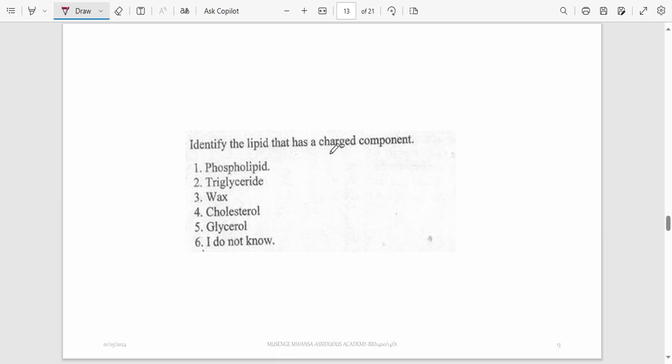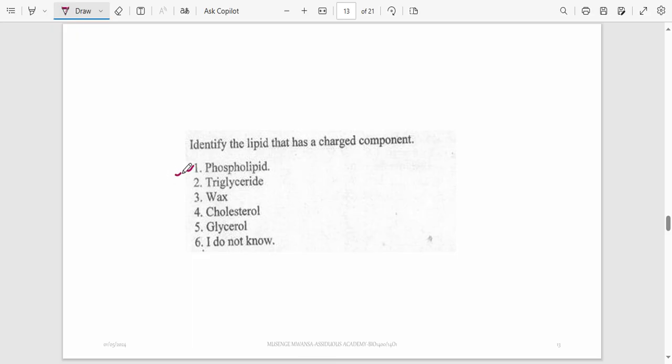Identify the lipid that has got a charged component. Phospholipid, triglyceride, wax, cholesterol, glycerol. Which one would you pick? Okay, Harry picks one. Anyone else?